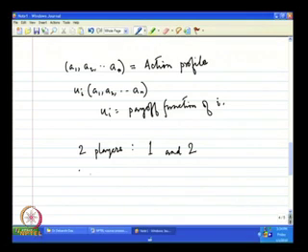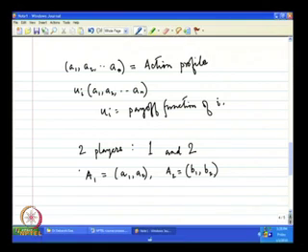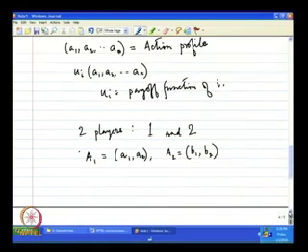Now, suppose A1, which is the set of actions of player 1, is equal to small a1, small a2, and A2, the set of actions of the second player, consists of two elements, small b1 and small b2. In this case, how many action profiles can be constructed? So, action profiles will be 4 in number.